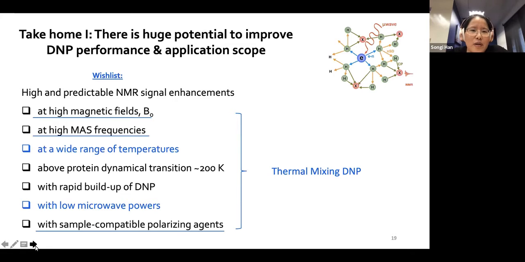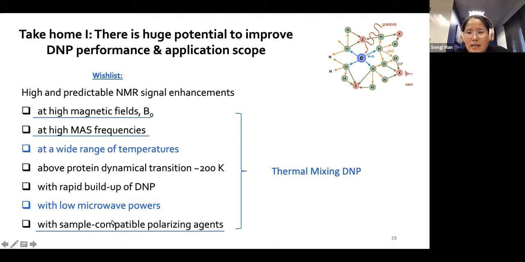So take home message one, there's huge potential to improve DNP performance, especially if you can understand better spin dynamics. In thermal mixing DNP, I've shown you a wide range of temperature and low microwave power requirement. I haven't talked about B0 and MAS frequency dependence, but in fact, I know there's a lot to gain here. You have a strongly coupled system that really should be something that we can prove in the future and show in the future. And sample-compatible polarizing agent.